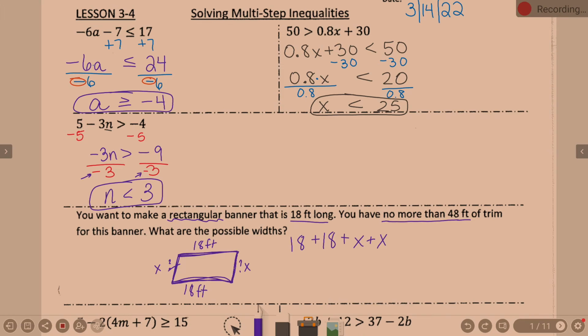So if it's not more than 48, it is less than 48, and I think it can be less than or equal to. That's what you have to solve there. Now, on the left, 18 plus 18, 36, plus x plus x.